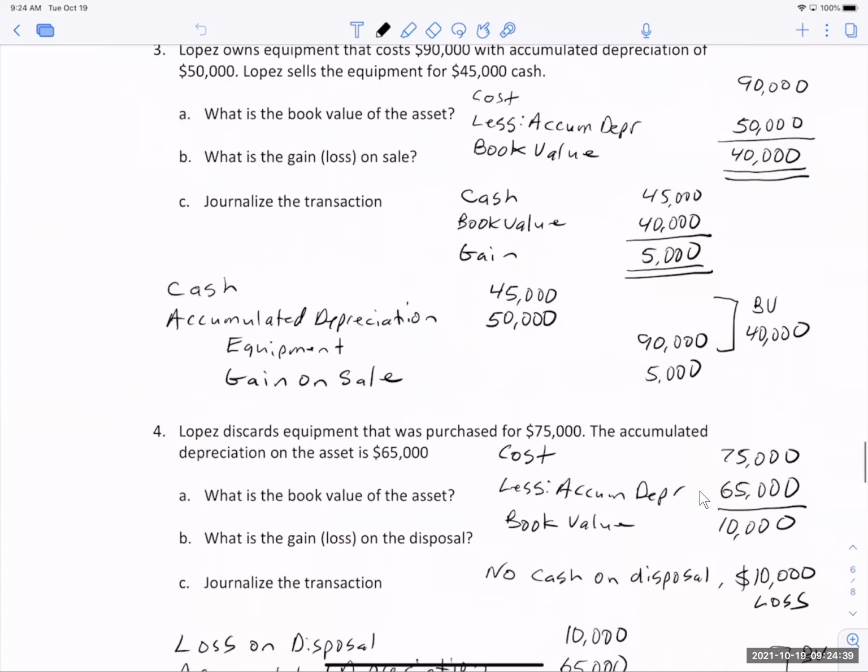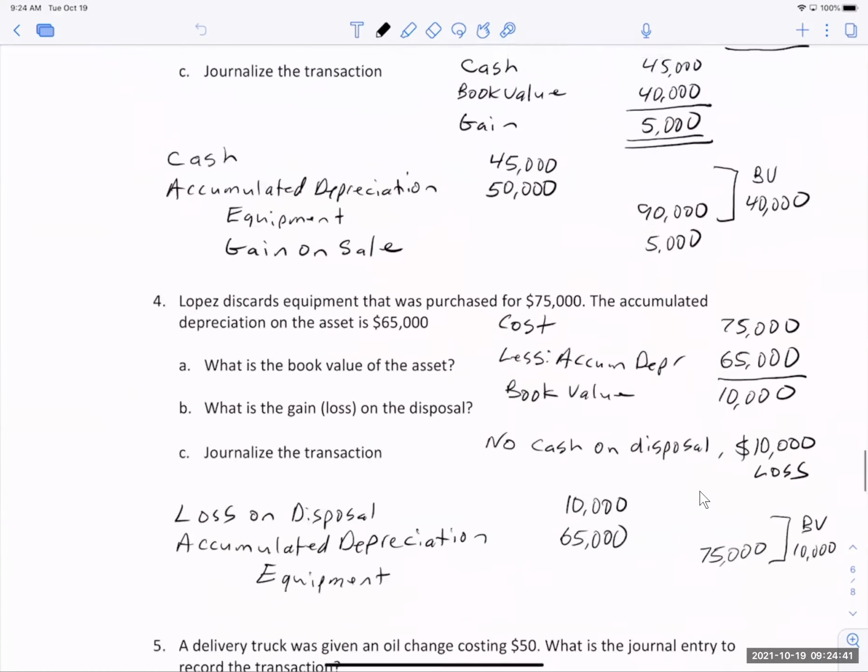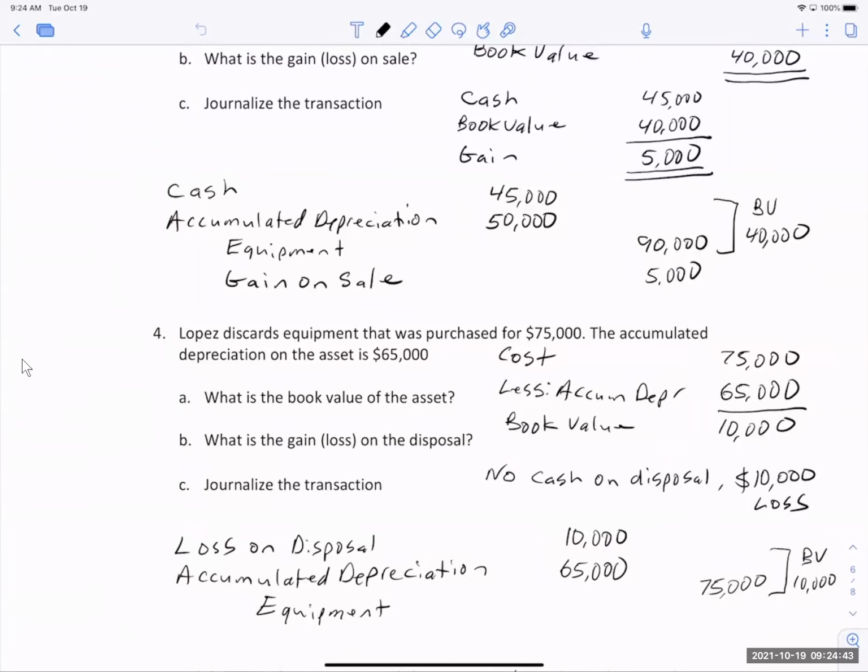Let's do another one. This time, Lopez discards equipment that was purchased for $75,000, and the accumulated depreciation on that asset was $65,000.